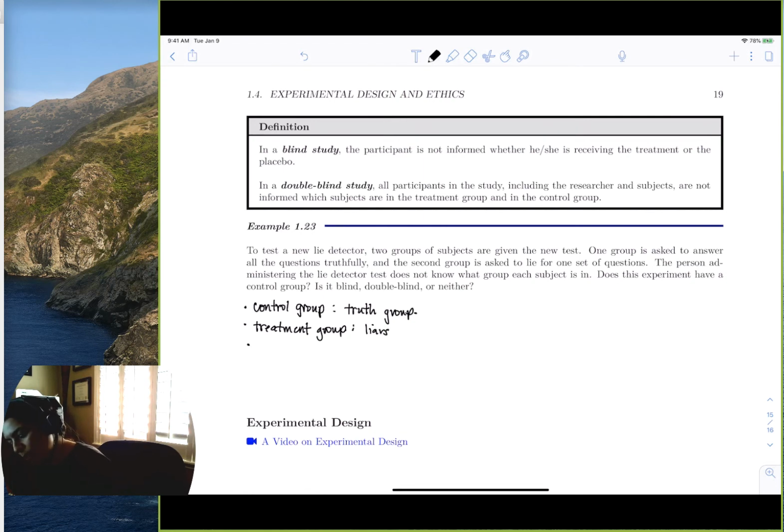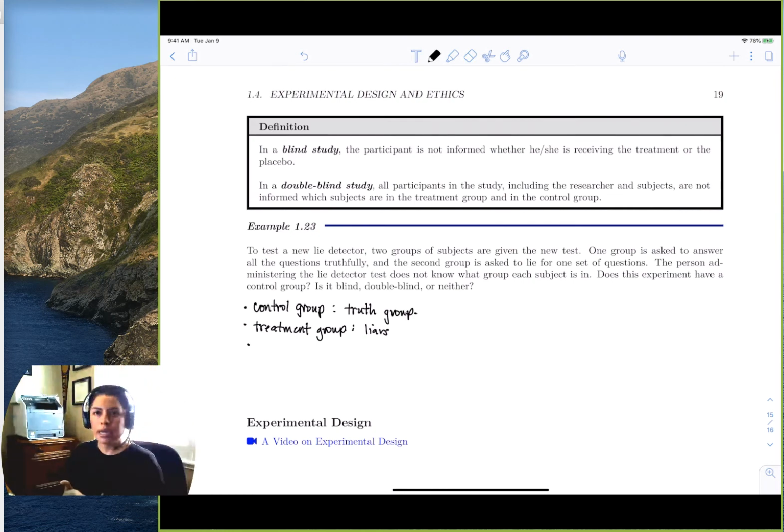And then, is this blind, double blind, or neither? So think about it. If it's just blind, that means the subjects know that they're being treated on, or the researcher knows who's being treated on. Double blind means the participants don't know if they're lying or telling the truth, and the researcher doesn't know either. Well, in this case, they're telling a group to lie, so they know they're the lying test.